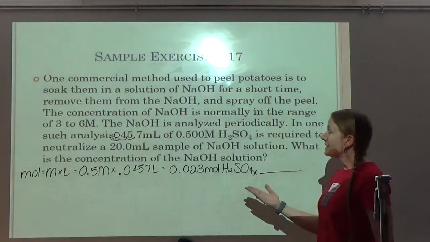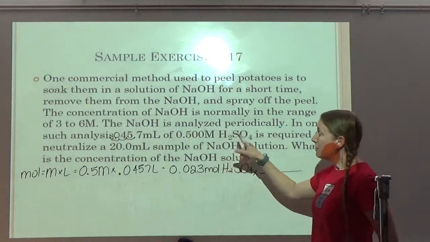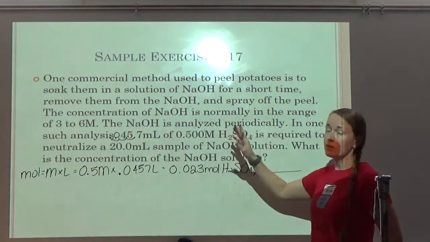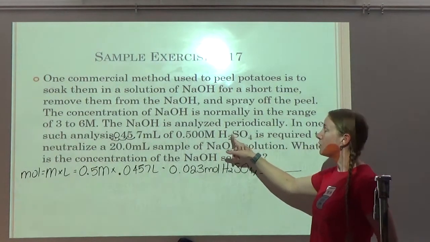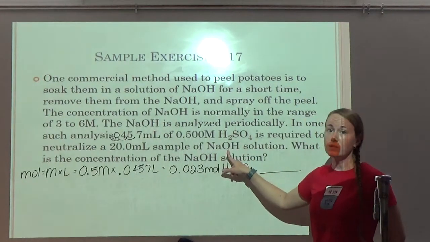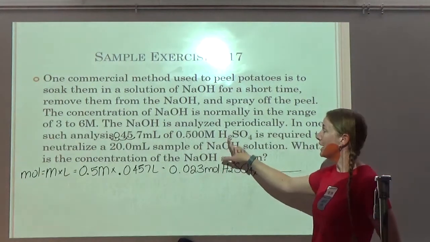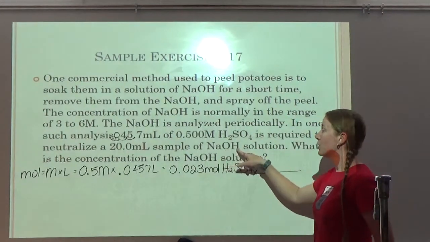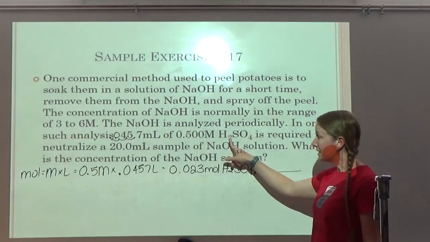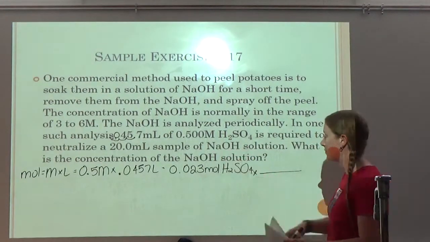All right, so I can see that 1 mole of sodium hydroxide, let me start with the other way. It's easier for me to describe it the other way. 1 mole of sulfuric acid can neutralize 2 moles of sodium hydroxide because sulfuric acid has 2 hydrogens. Sodium hydroxide only has 1 hydroxide. So 1 sulfuric acid can neutralize 2 sodium hydroxide.